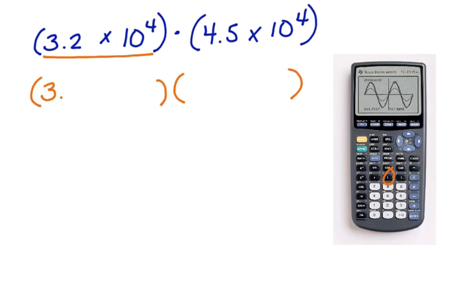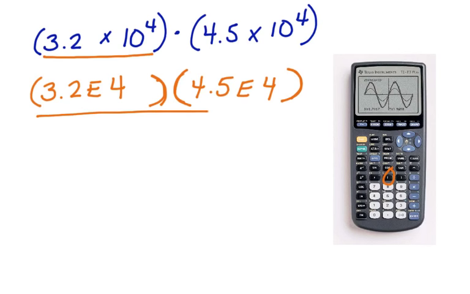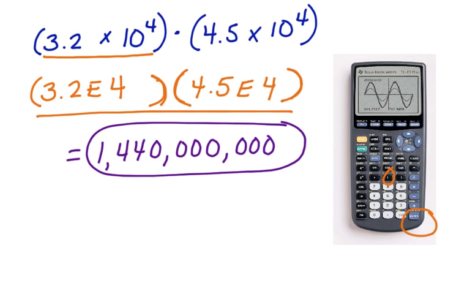Then enter 3.2 E4, close the parenthesis. Then put another parenthesis and do 4.5 E4, close the parenthesis. This is what should be in your calculator at this point. Finally, hit enter, and our answer is 1,440,000,000.